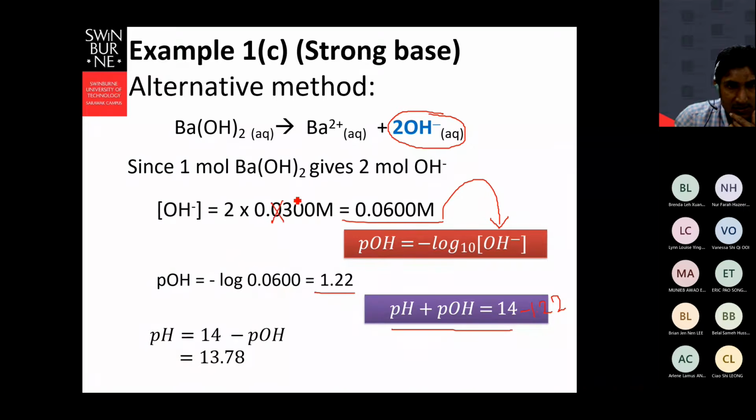No, it's 0.6. Let me check which one is correct. Negative log of 0.6. No, it is correct actually. It is 0.03. So the question should be changed.